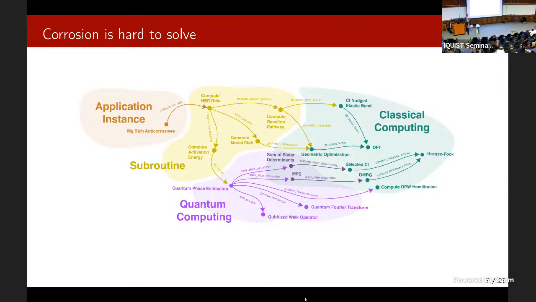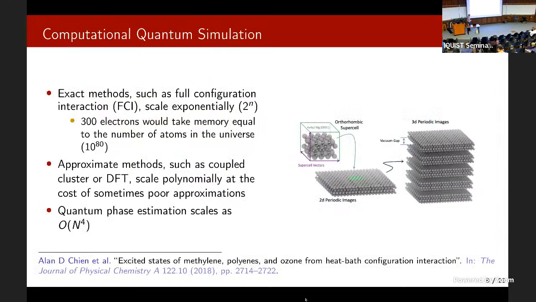Okay, so corrosion is hard. It's hard both because of timescales, but also because the way we compute it has a lot of steps. So what are we going to try and do? Well, we're going to do computational quantum simulation. We're going to take a slab like this here, which is a couple waters on top of magnesium.